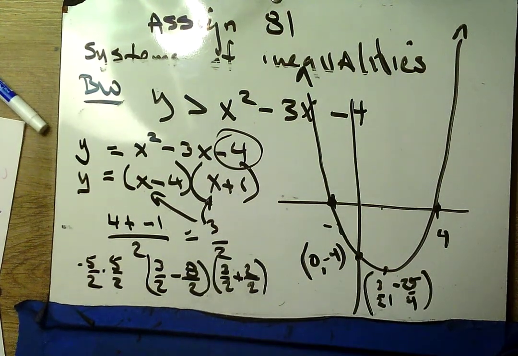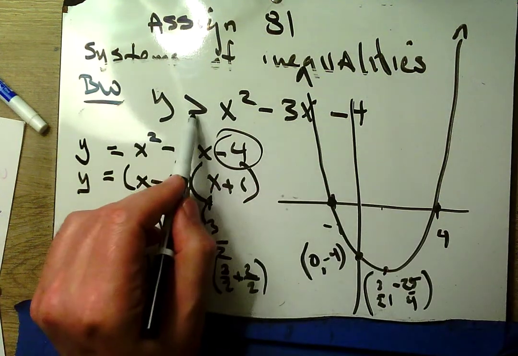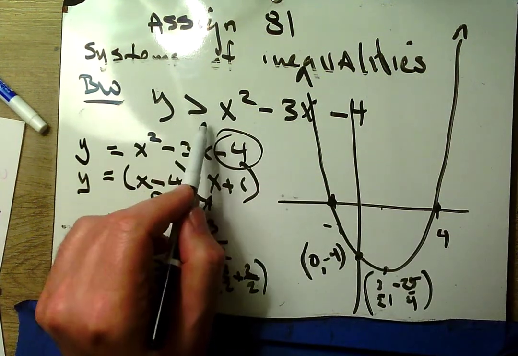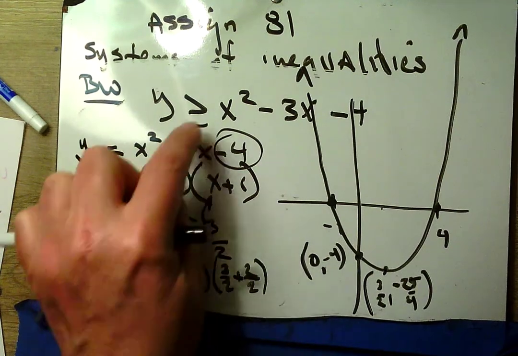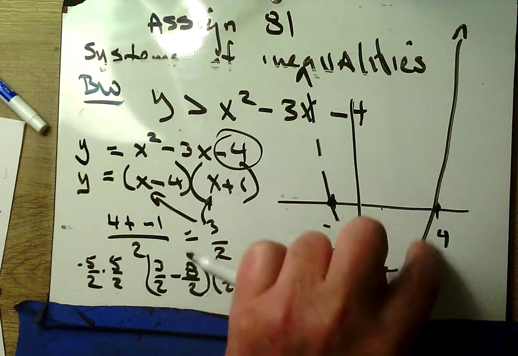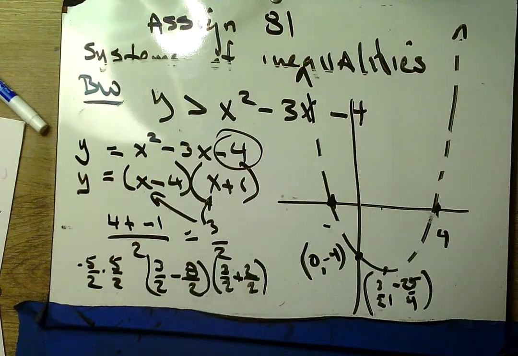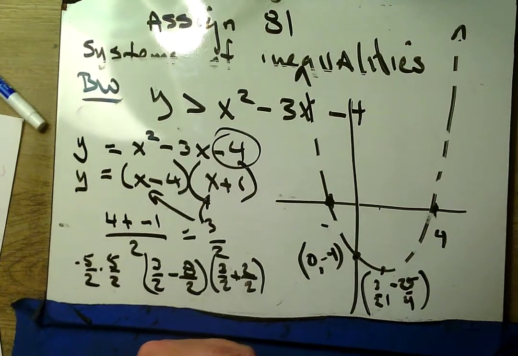Okey-doke. Now, is it a solid line or is it dashed? Well, look at the inequality. It doesn't have an equals to with it, and so it's dashed. Okay. Now, finally, the shading.